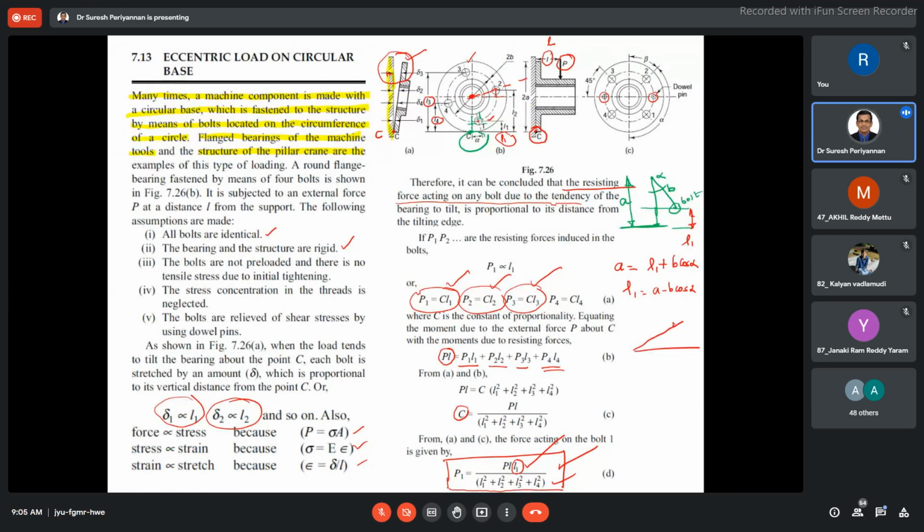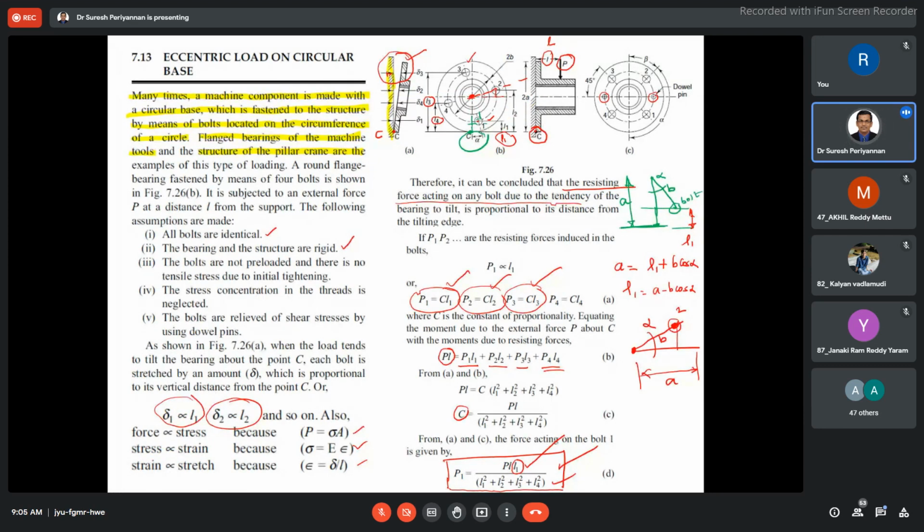This is our pitch circle radius, and bolt 2 is sitting here. This is alpha. This is b, the pitch circle radius from the center. This is the center. Now what is this distance? This distance is nothing but a, which we already know.